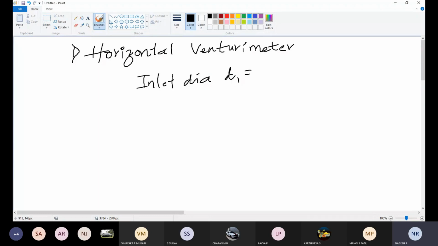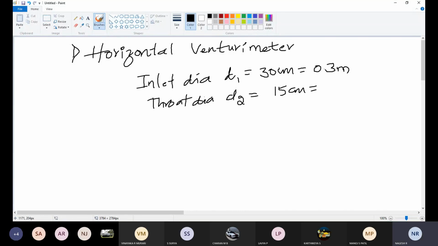So in terms of meter, what will it be? 0.3 meter. Then he has given throat diameter D2 is equal to 15 centimeter, 0.15 meter.